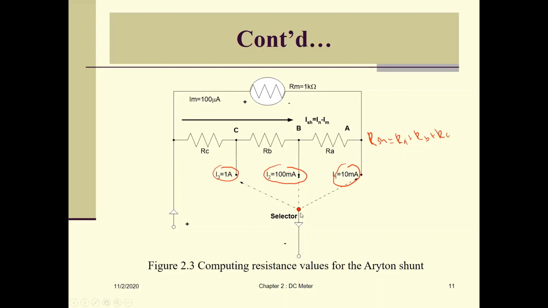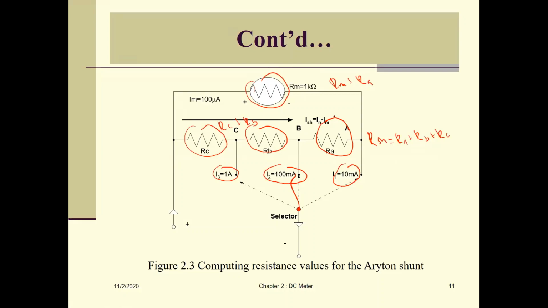If part B, we select the selector to this one. That means RM will be in series with RA and parallel with RC in series with RB, that means RC plus RB, and RM plus RA.